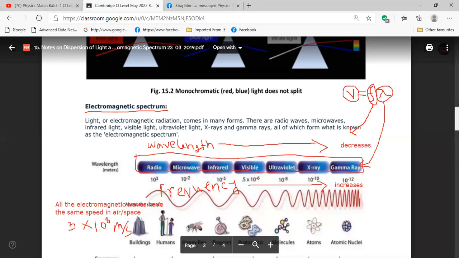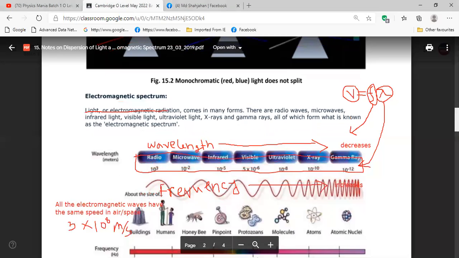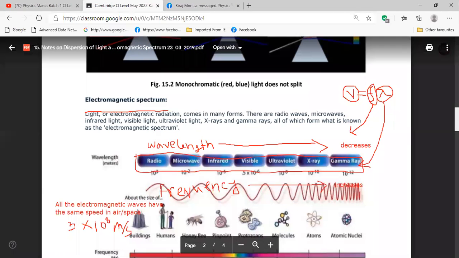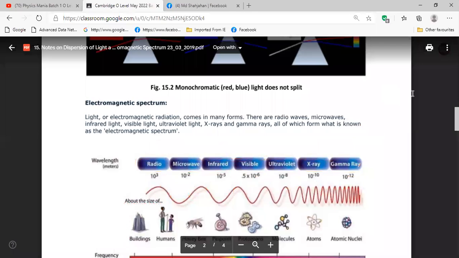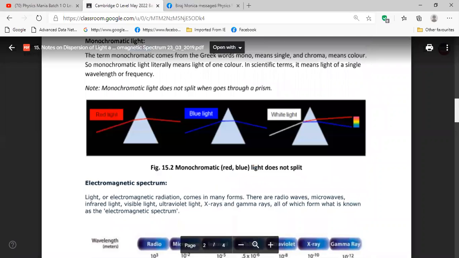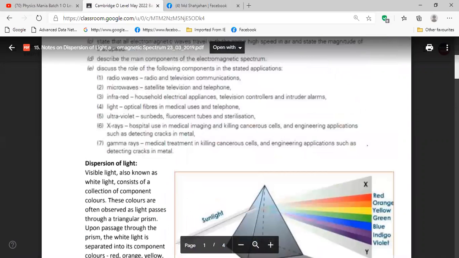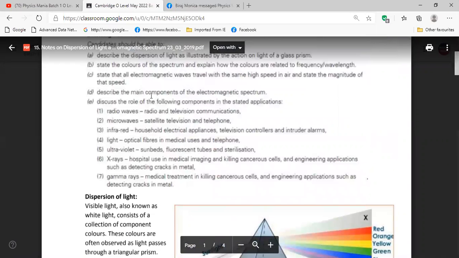If you are done with this all, then tell me, are you done? Yes, sir. Okay, then you come to the learning outcomes again. Here, this part.